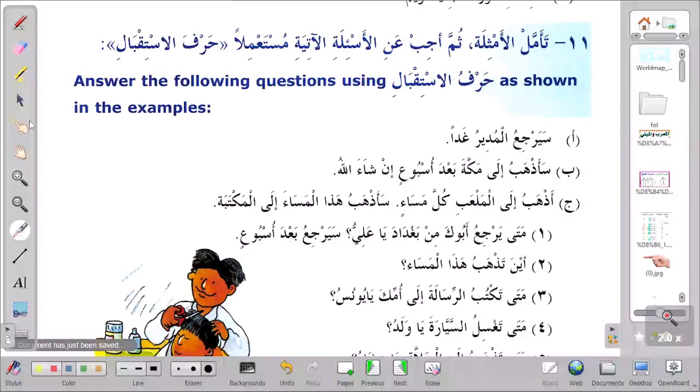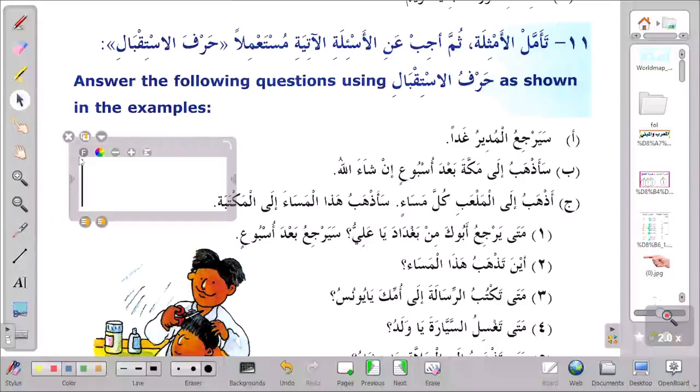That particular word in Arabic we call harful istiqbal. It is something we use when it is added to a verb. The verb now turns to a future verb.